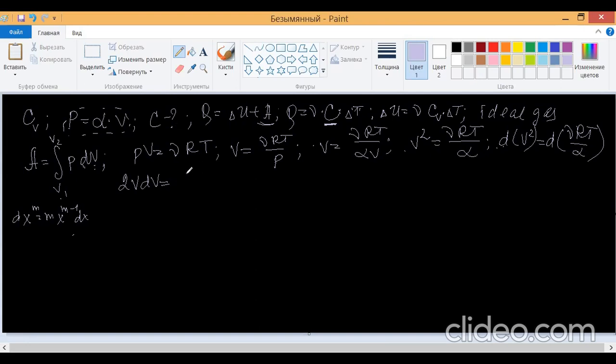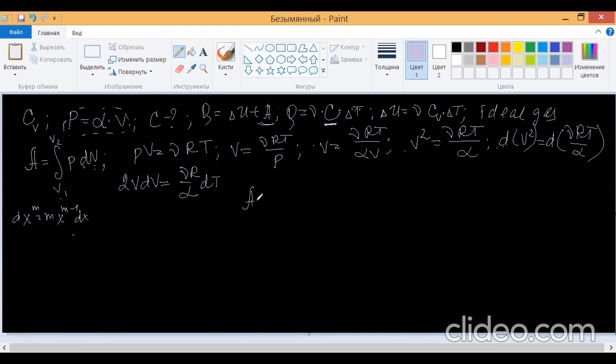We can therefore put them before the differential symbol. It equals nu R over alpha dT. Okay, now we see that dV goes to dT. For that reason, the integration limits based on the change in volume transform into this change in temperature.